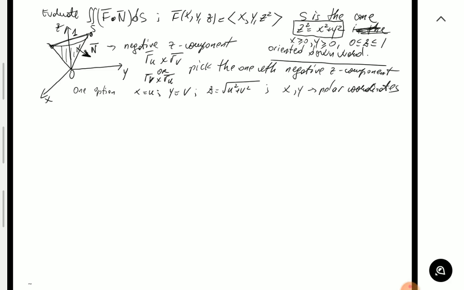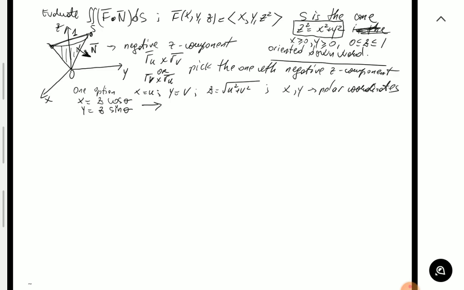So in other words, I can think of x to be z cosine of theta, y to be z sine of theta. And then furthermore, to use the same traditional notation so far, I'm going to use u and v instead of z and theta.